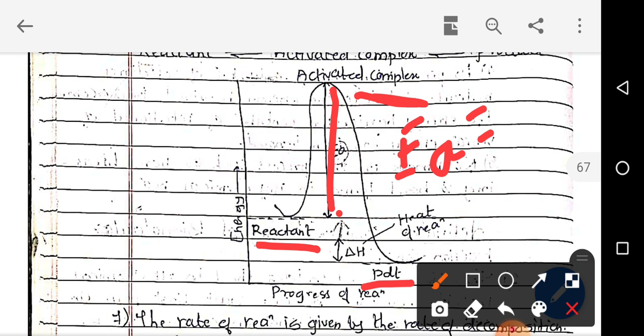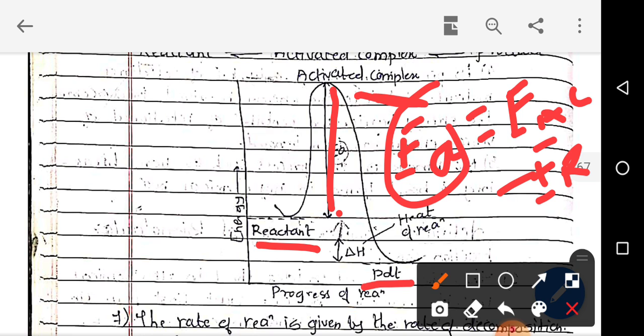EA is equal to the difference between the highest and lowest: the highest is the activated complex, EAC, the energy of the activated complex, minus the energy of the reactant molecules, and we get EA, the energy of activation.